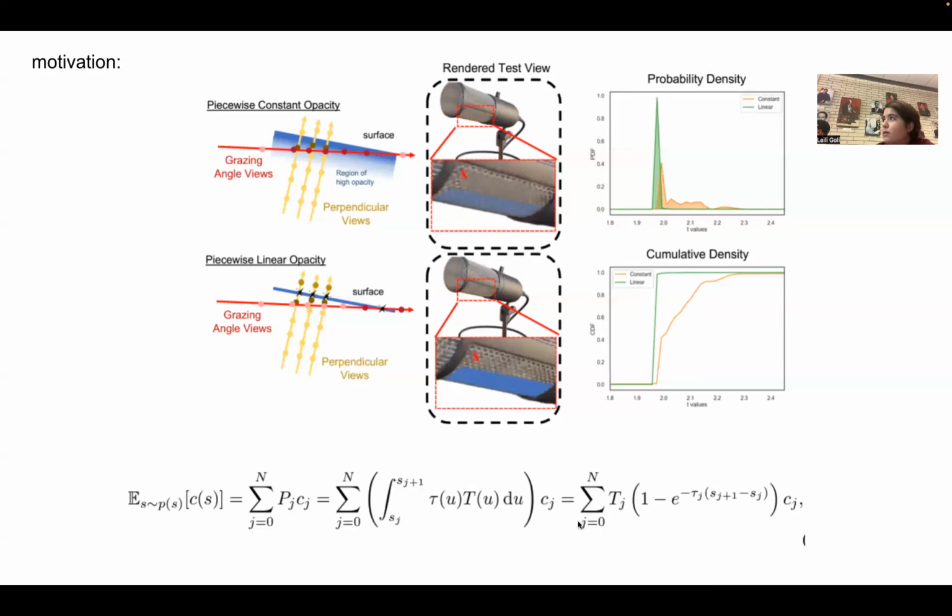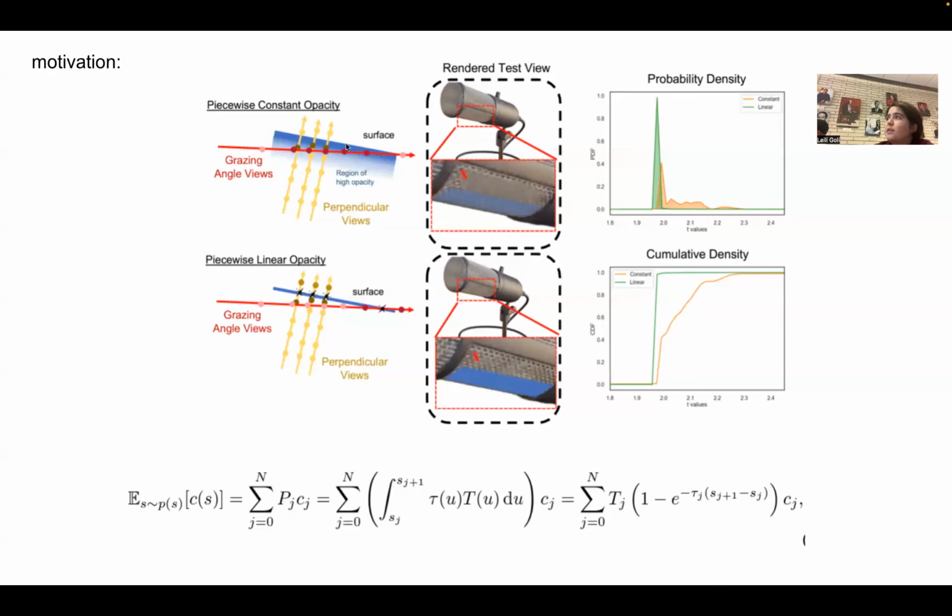So this paper is claiming that if you do this piecewise constant assumption, that means that if we've seen these yellow views perpendicular to the surface, and there's another view that you also have in your training set, but it's close to parallel to the surface, these yellow ones make the piecewise constant assumption, and they don't know exactly where the surface is between two samples that are one after each other.